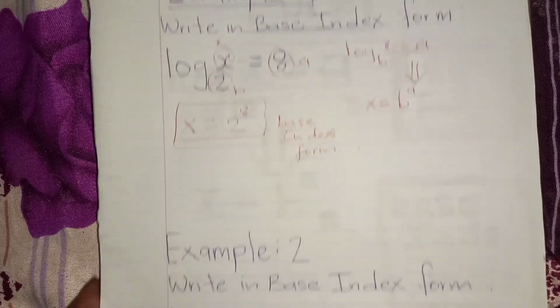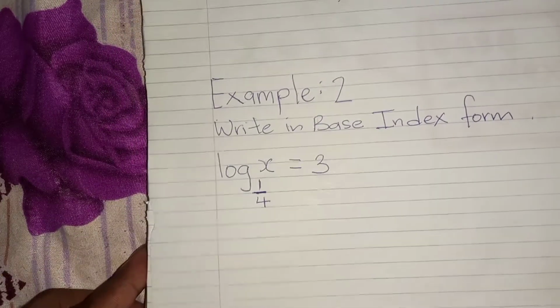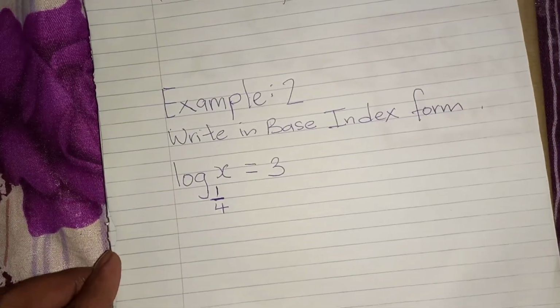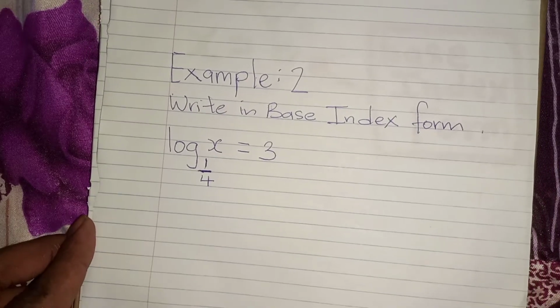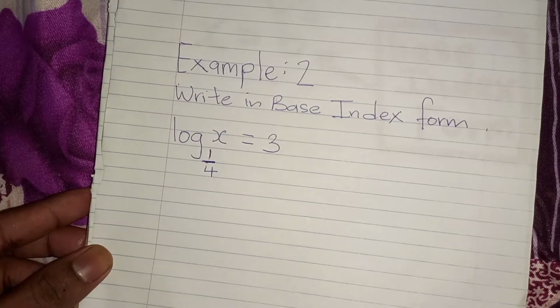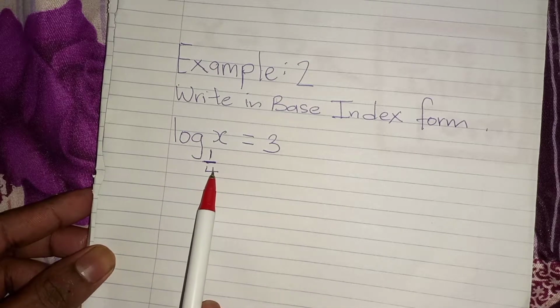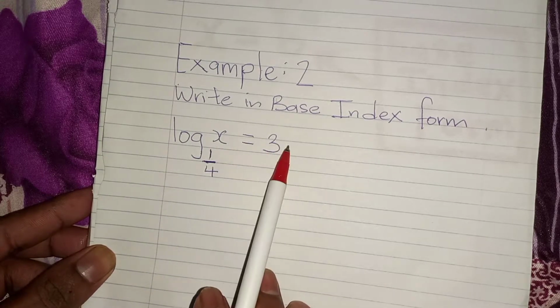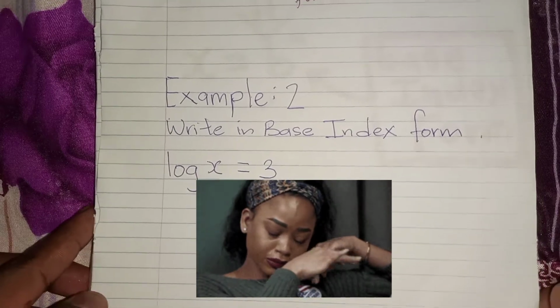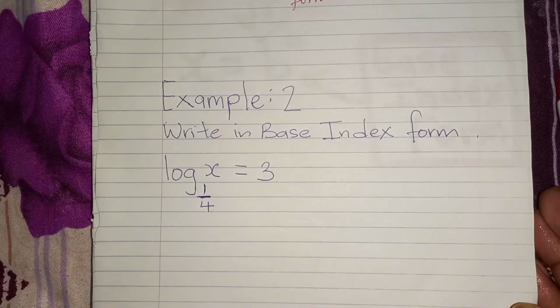So example number 2, let's do example number 2. You have log base quarter of x is equal to 3. Now we have to write this in base index form.